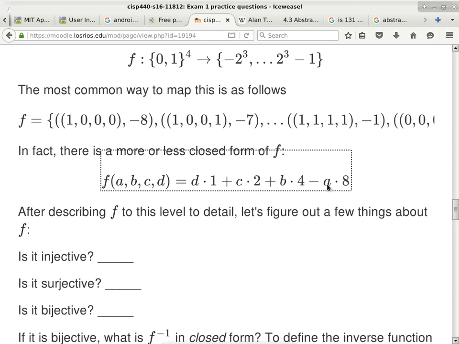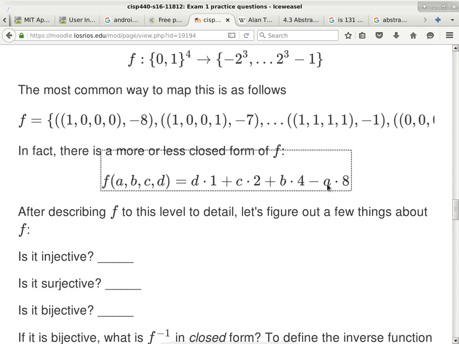We can plug in a few things and see if it works. Okay, so let's pick out maybe 1, 0, 1, 0. So 1, 0, 1, 0 is definitely in the domain because it's a 4-tuple. Each item in the 4-tuple is either a 0 or 1. So now we apply f to 1, 0, 1, 0. We just do it as a regular function.